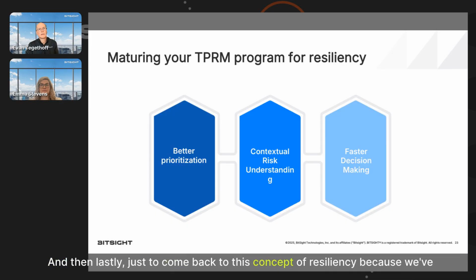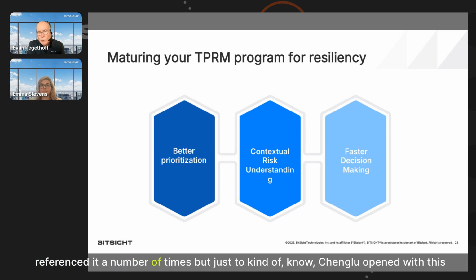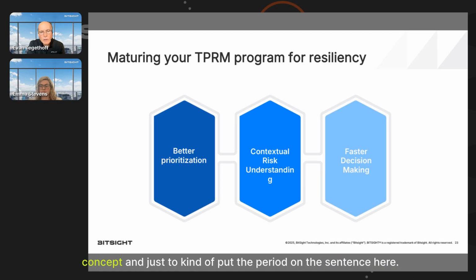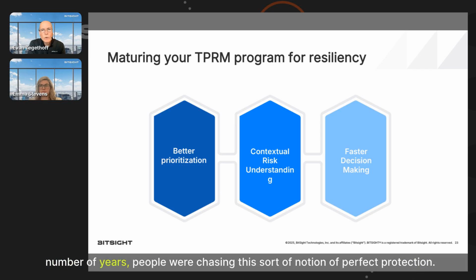And then lastly, just to come back to this concept of resiliency, because we've referenced it a number of times, and Chung Lu opened with this concept, and just to put the period on the sentence here. For me, if you think about what security programs have been about, and now TPRM as part of them, for a number of years, people were chasing this notion of perfect protection.